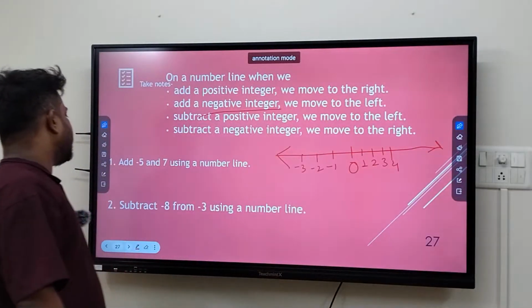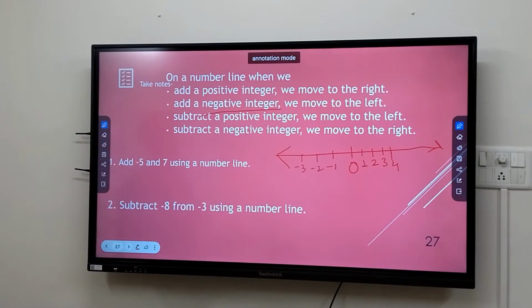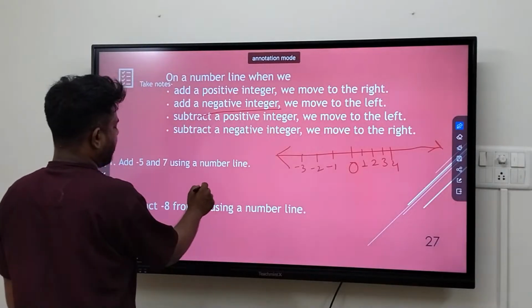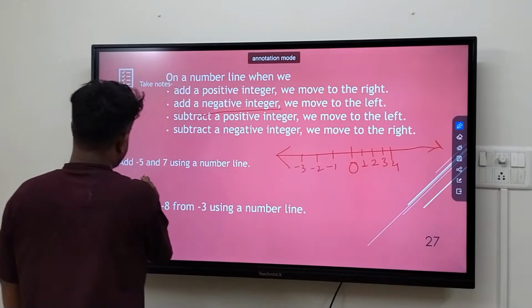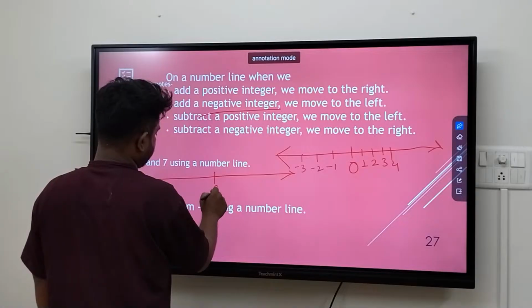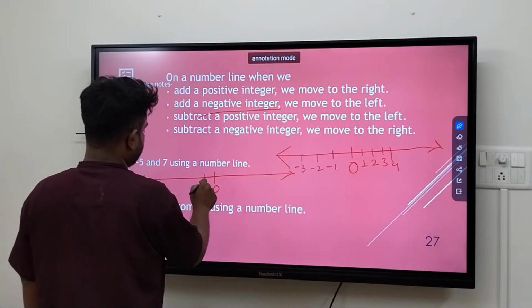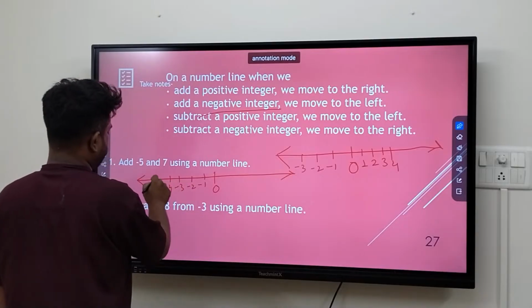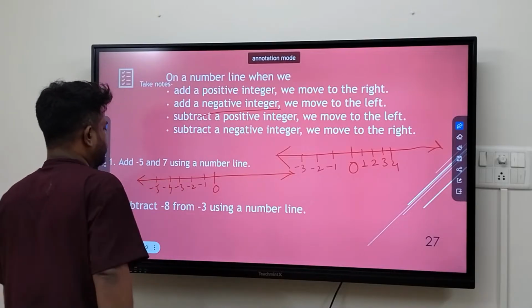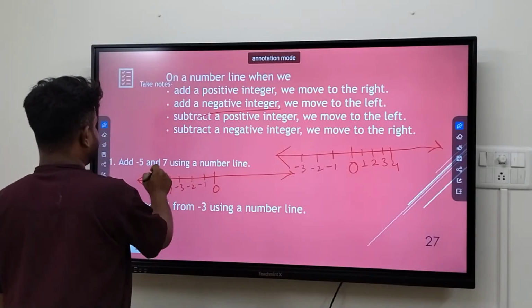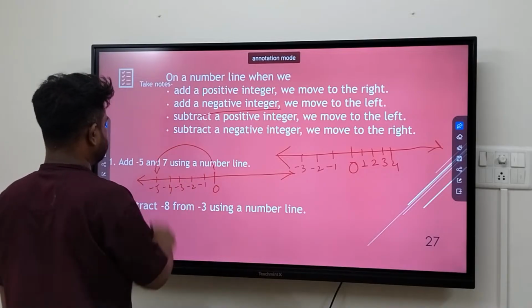Okay, just add minus 5 and 7 using a number line. If I draw a number line here, 0 is in the middle, minus 1, minus 2, minus 3, minus 4, minus 5. So we have to go first 5 places from 0.